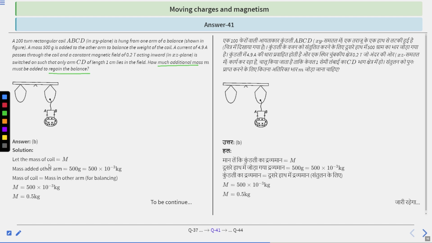Let the mass of the coil be M. The mass added to the other arm is 500 gram, which in kg becomes 500 into 10 raised to the power minus 3 kg. The mass of the coil is equal to the mass on the other arm for balancing, so M equals 500 into 10 raised to the power minus 3 kg, which is 0.5 kg.